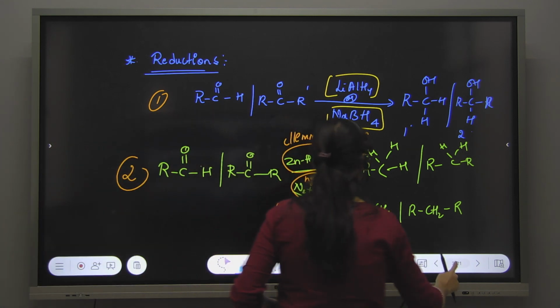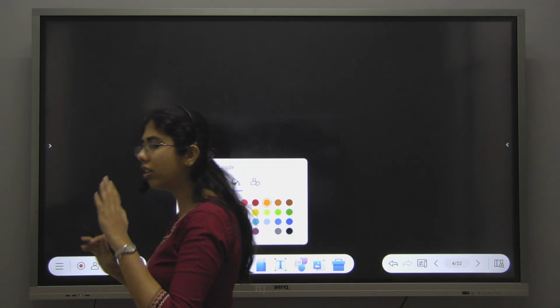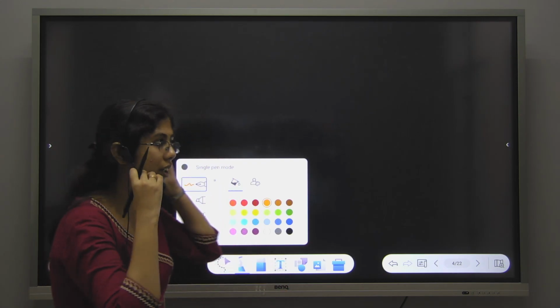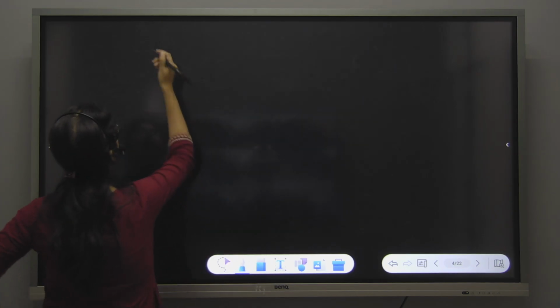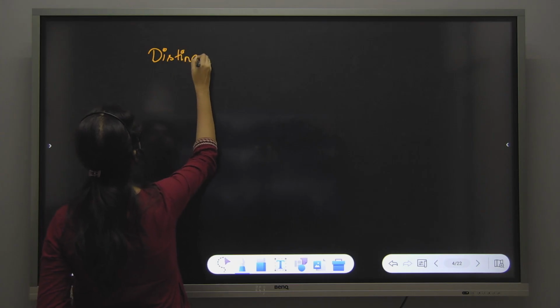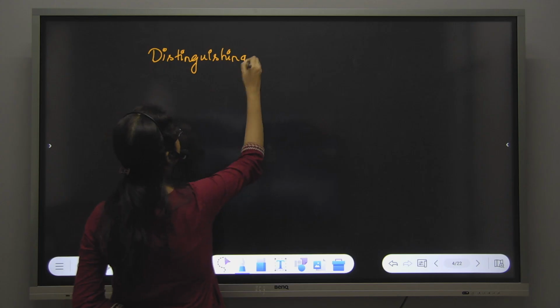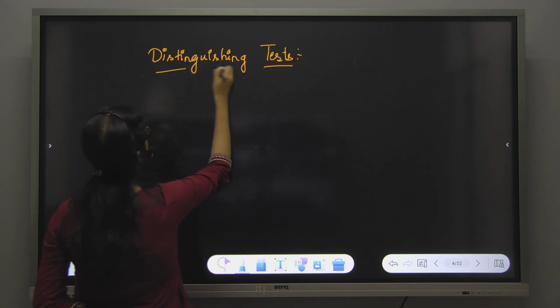One more important part is the distinguishing test. From this you can definitely expect one question. Distinguishing tests.